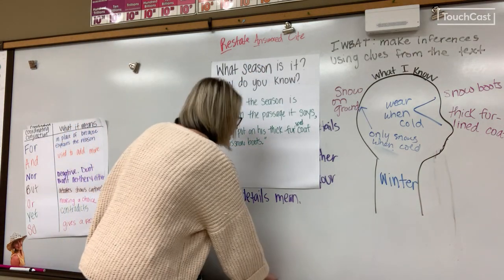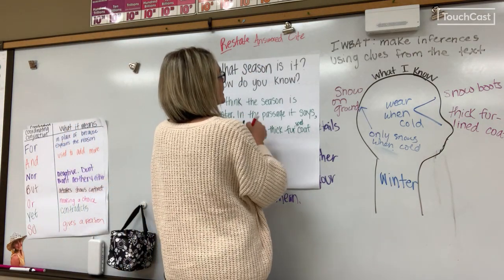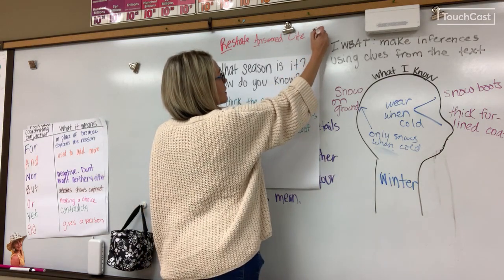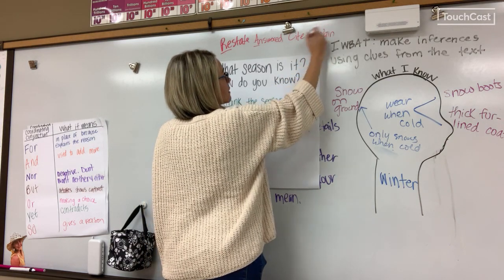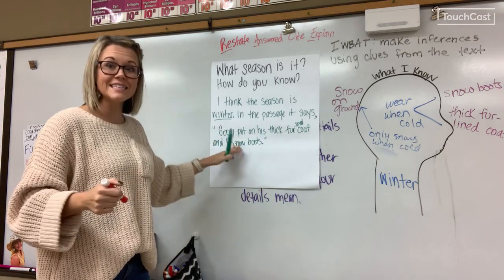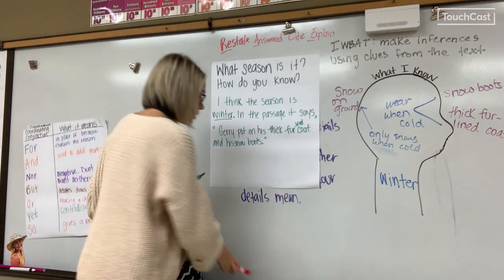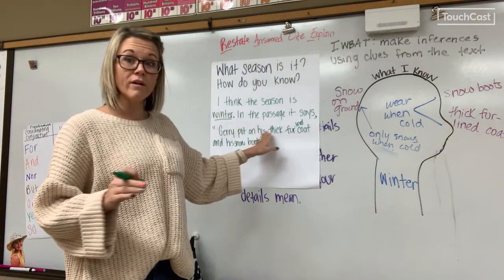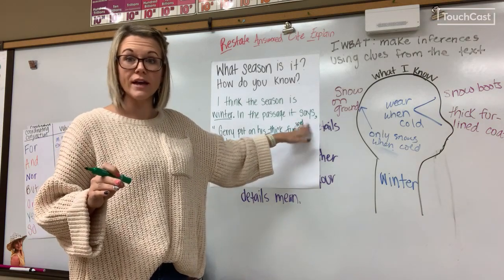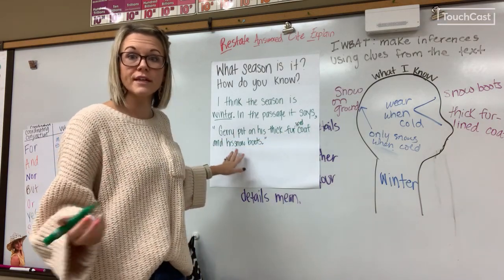Now here's the hardest part for people. This is the explain. You have to explain why this cite proves your answer. So why does wearing thick fur-lined coat and snow boots prove that it's winter?